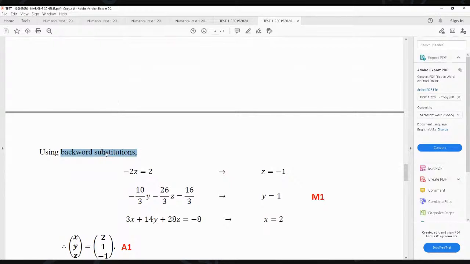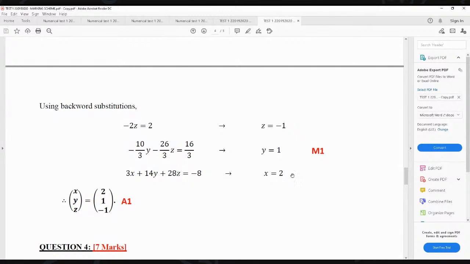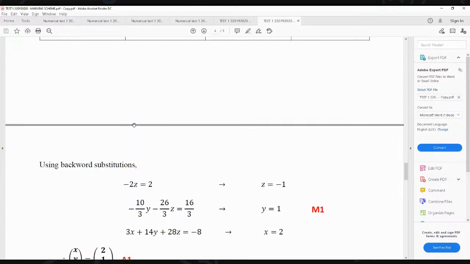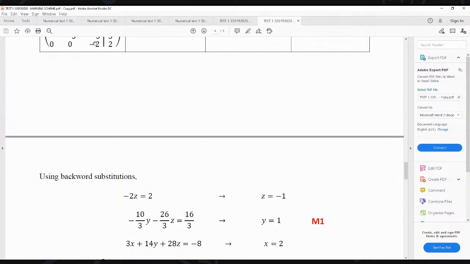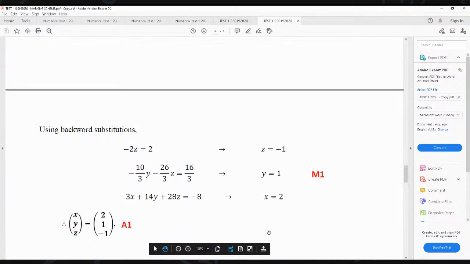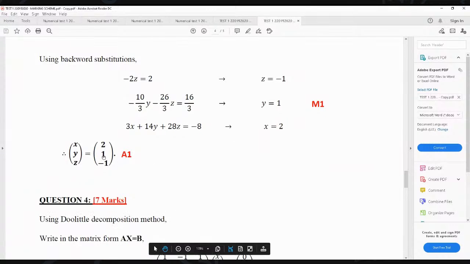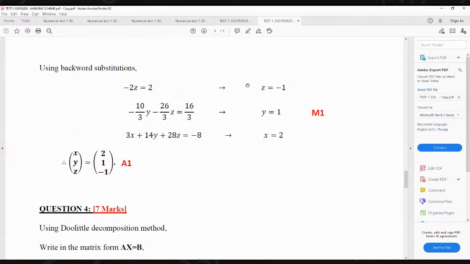So you press your calculator, but you write down how you get it. You get negative 2z equal to 2, so z is equal to negative 1, and then negative 10/3 y minus 26/3 z equal to 16/3. y is equal to 1 and x equal to 3. So that's what we call backward substitution. For this method we give you 1 mark.